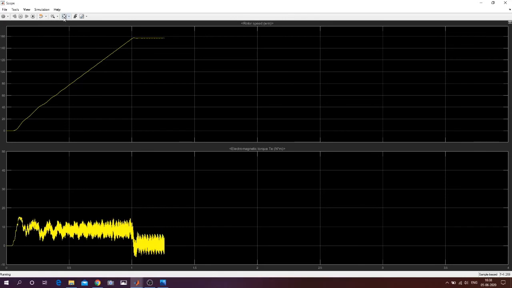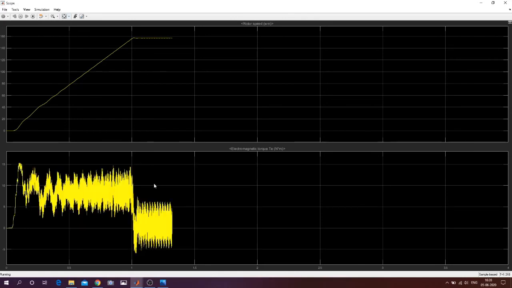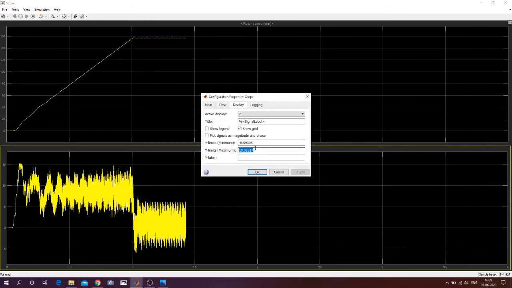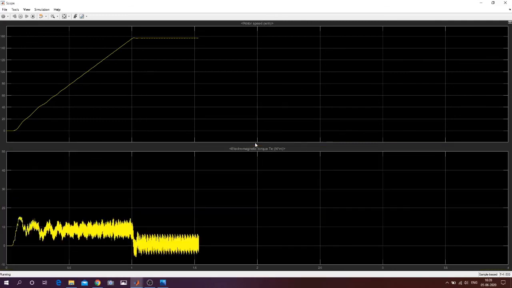Let us see what happens over here. Is the motor running or not? Yes, it is running. You can easily see. Let us configure it in a better way: 50, and this we put at -10. Okay, so the motor is running.